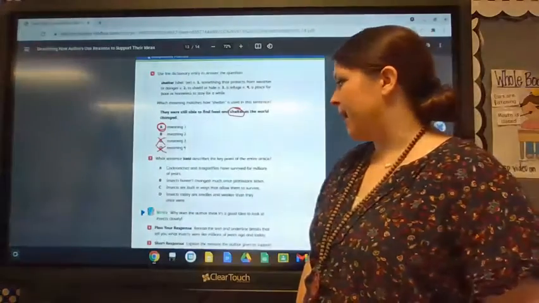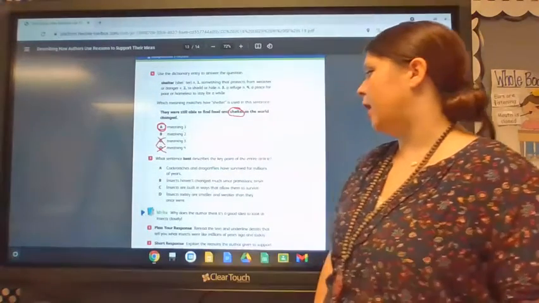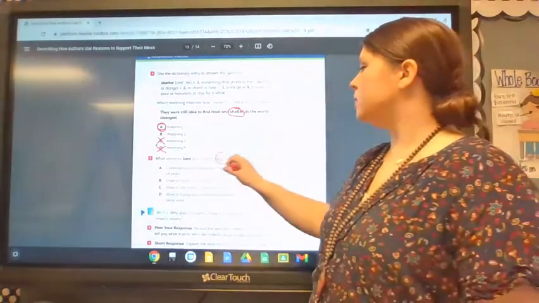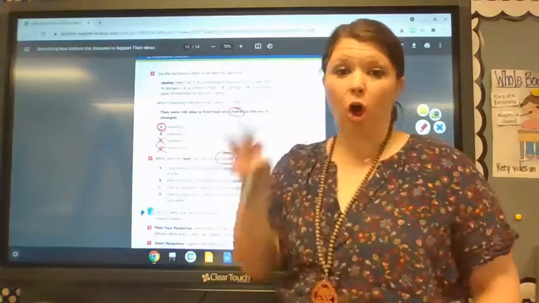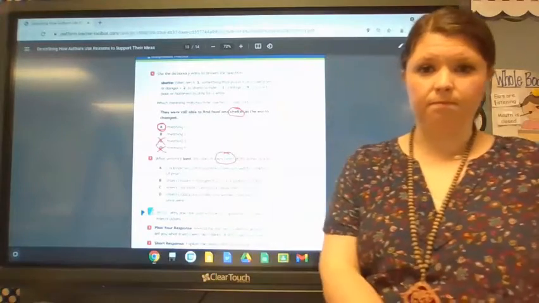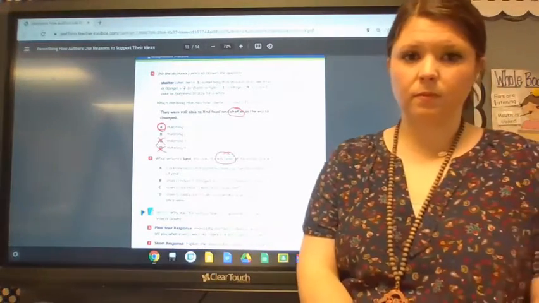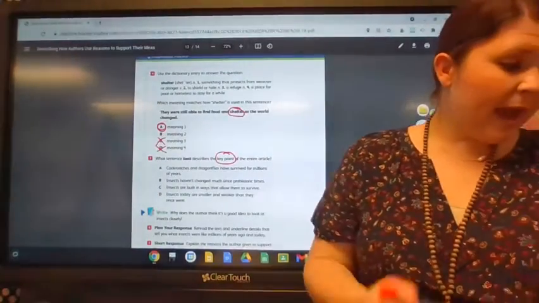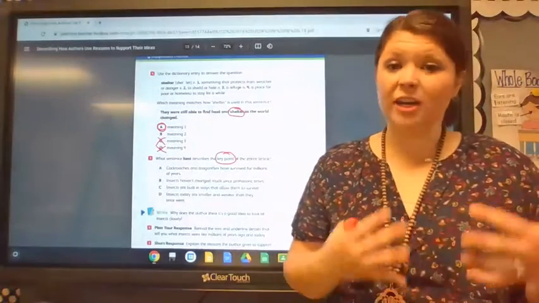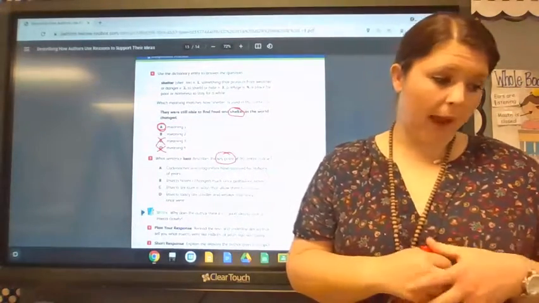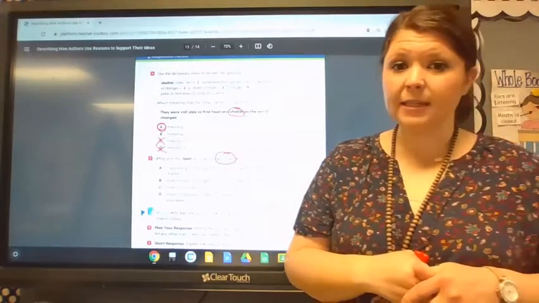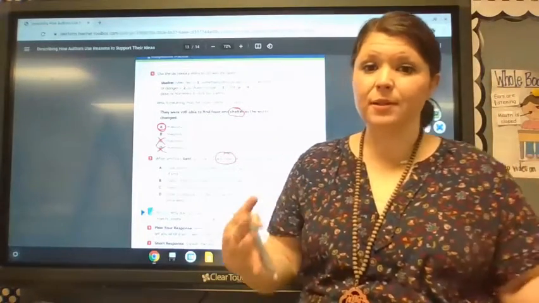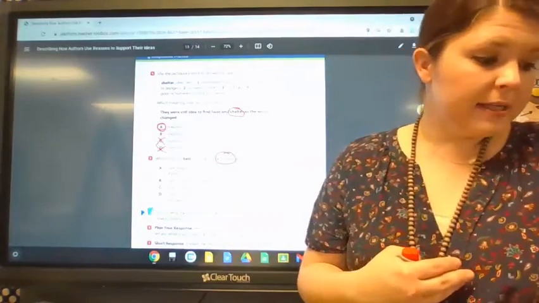Which sentence best describes the key point of the entire article? So what is the key point of this whole article? This entire article is talking about how insects have not changed much, okay? How insects of long ago are still similar to insects of today.